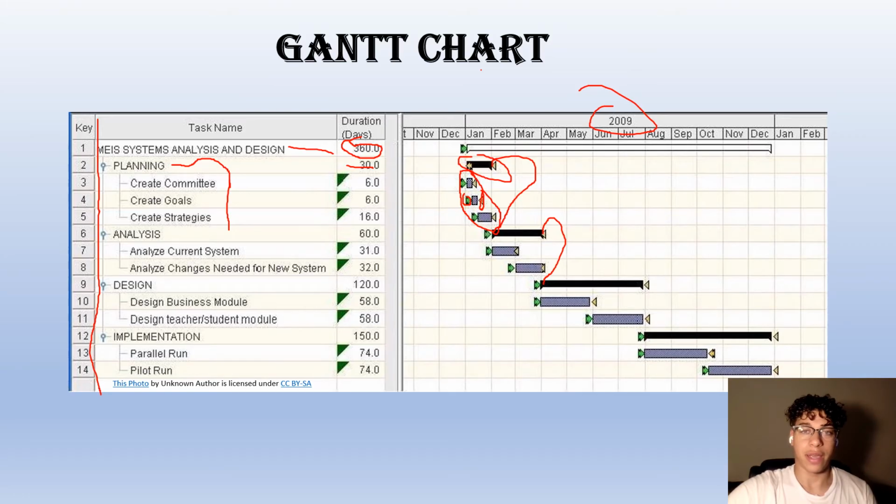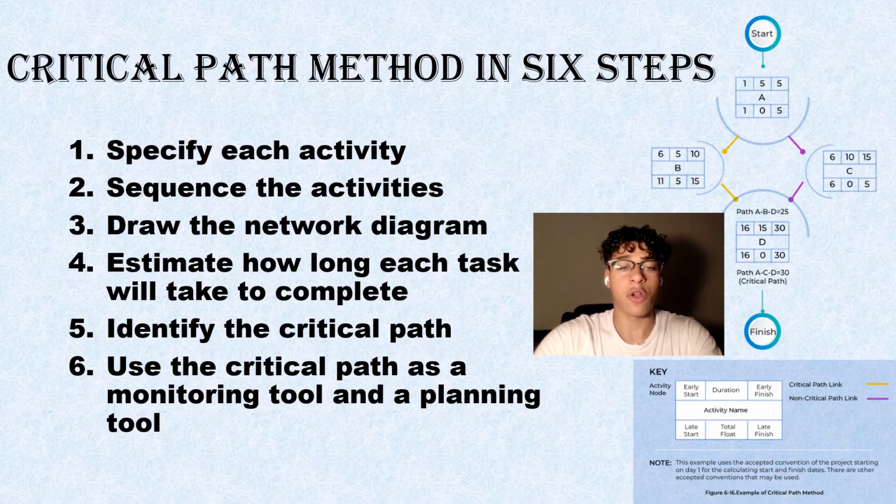All right, so let me talk about the critical path method, which, instead of charts, is a diagram designed by the architect. So the six steps are: specify each activity. Each activity has to be specified from the work breakdown of the structure already.